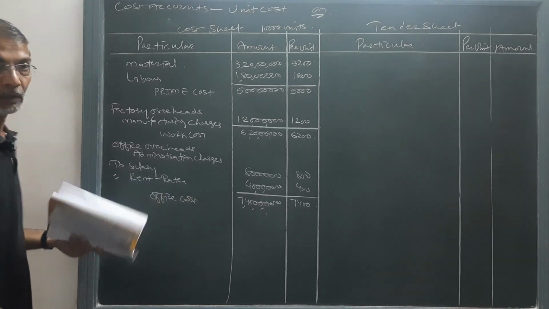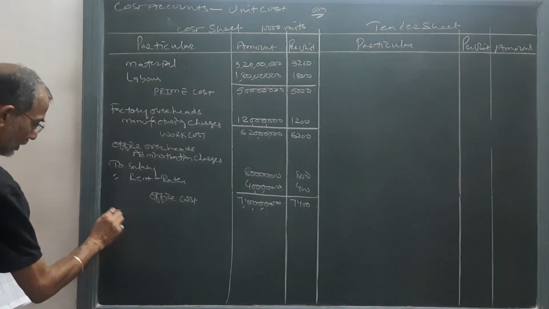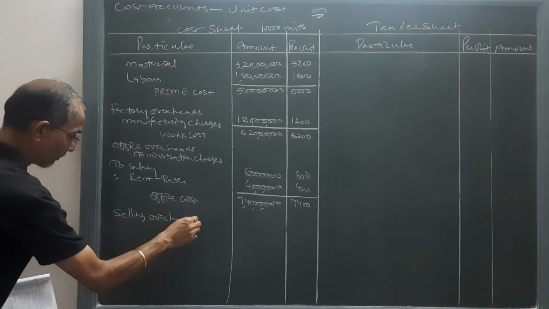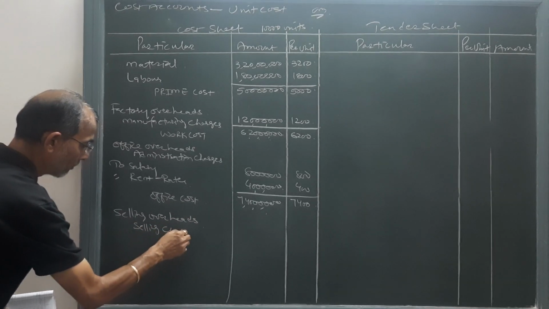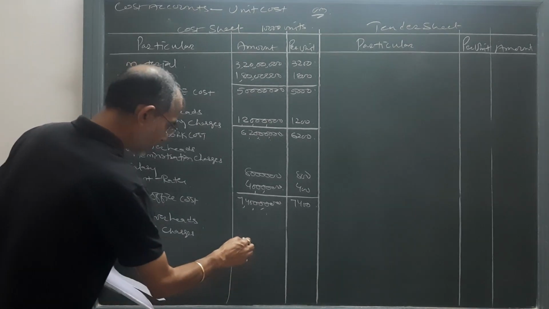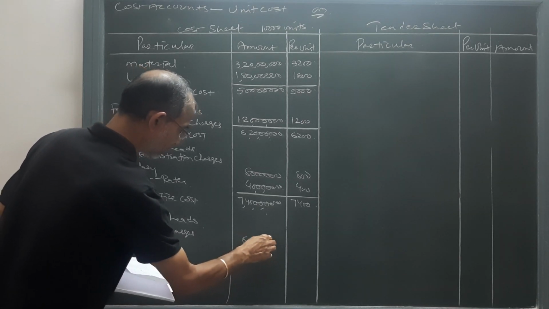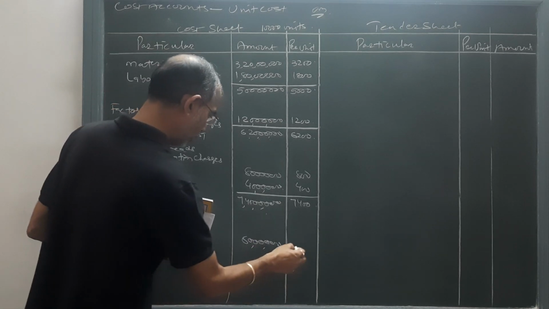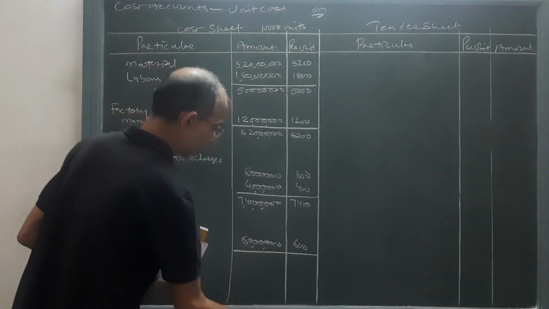Then after we have to add selling and distribution or selling overheads. So selling charges are 60 lakh and per unit will be 600.